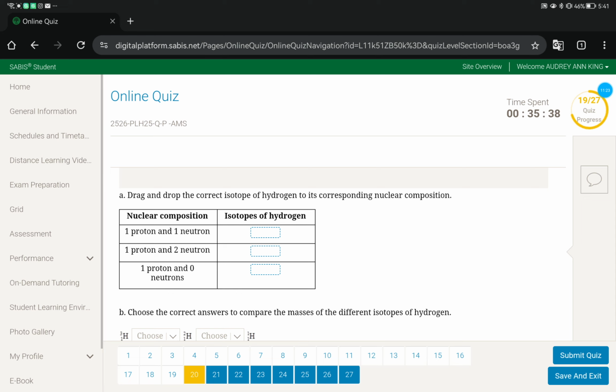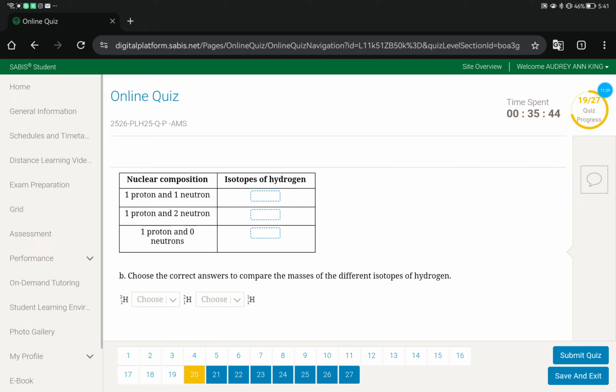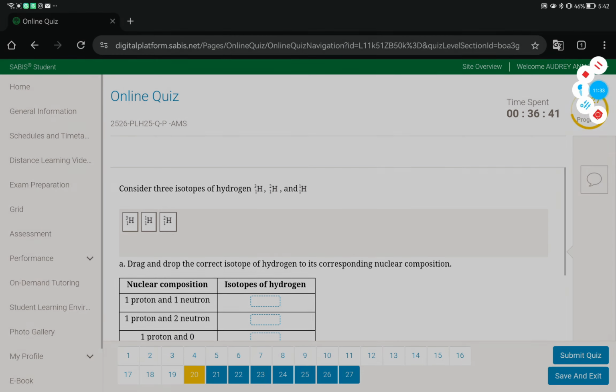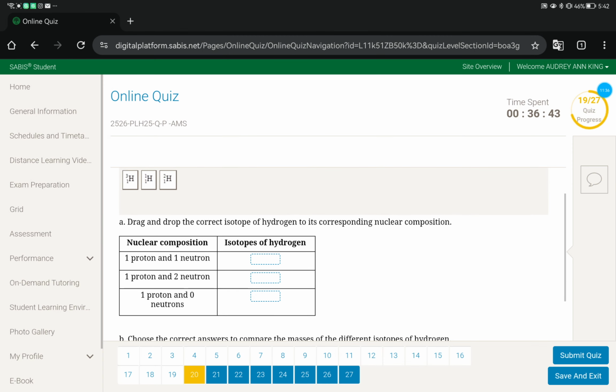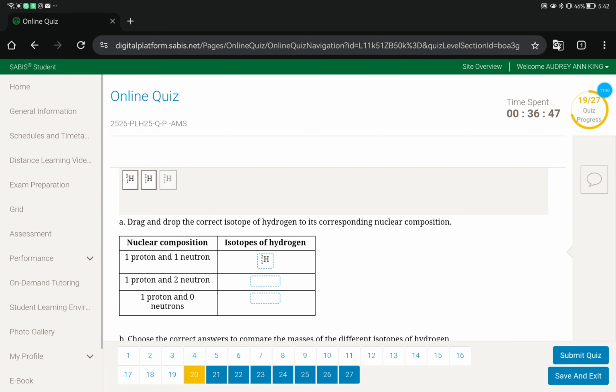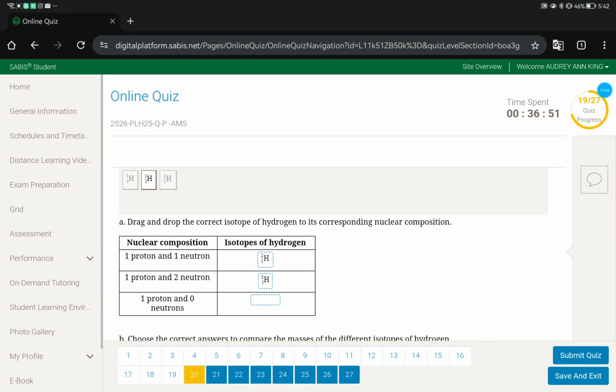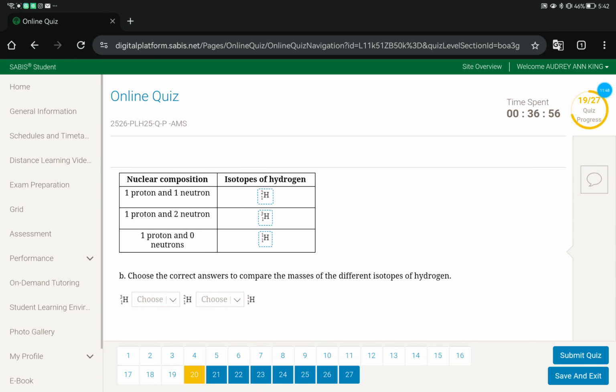Consider the 3 isotopes of hydrogen. Drag and drop the correct isotope of hydrogen to its corresponding nuclear composition. Okay, so if they want 1 proton and 1 neutron, it's going to be 2-1. 1 proton and 2 neutrons is 3-1.